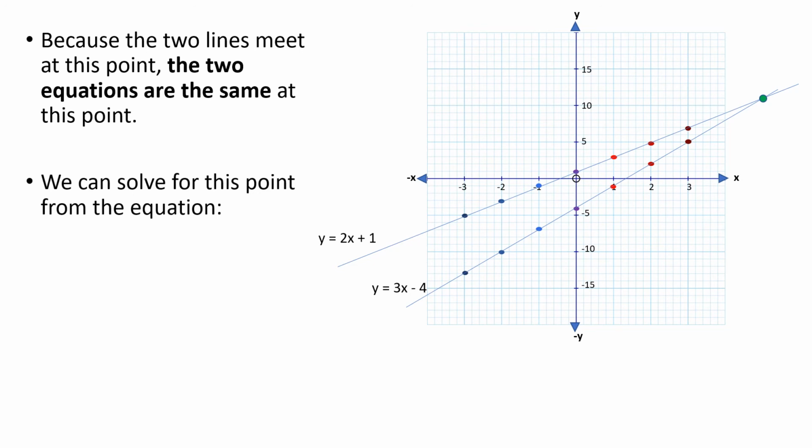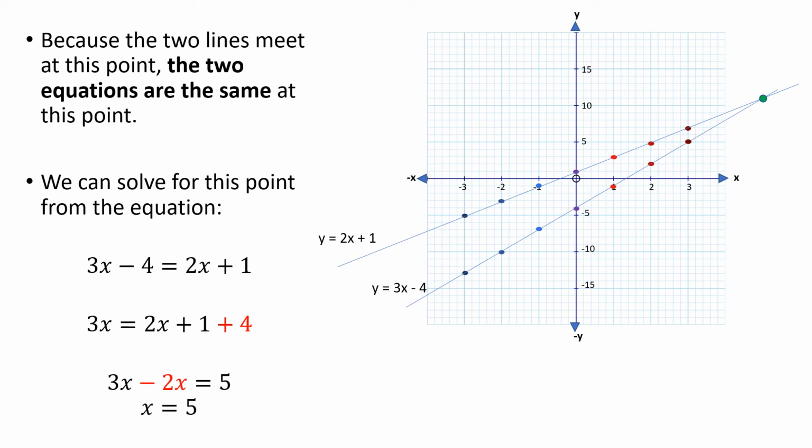We can therefore solve for this point from the equation 3x minus 4 equals 2x plus 1. Let's rearrange that first. 3x equals 2x plus 1 plus 4. That's plus 5. Let's move the x's over to the other side. 3x minus 2x equals 5, which means that x equals 5.